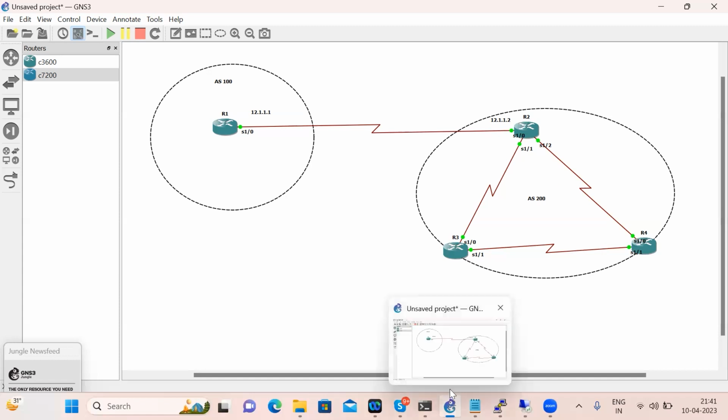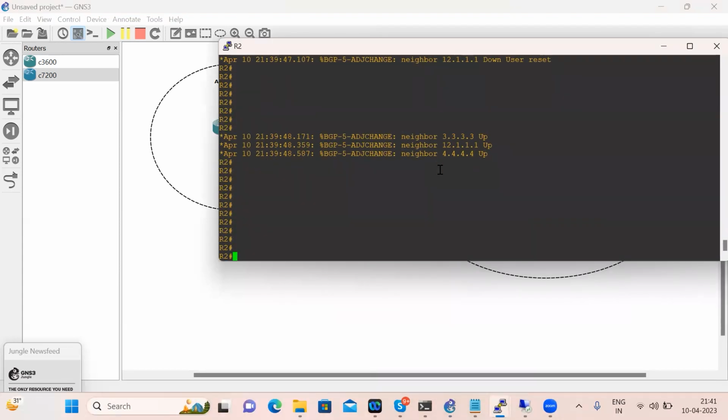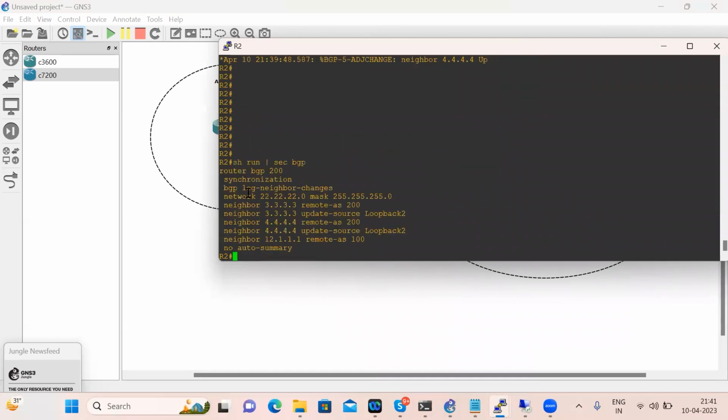See here, on router 2, what I have done is I started that rule by enabling synchronization. If you want to see, show run pipe section BGP. By default, it is no synchronization.